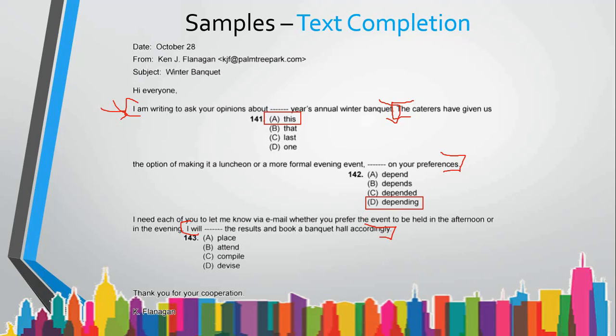And the last sentence is, I will place a tent, compile, devise the results, and book a banquet hall accordingly. For this sentence in particular, you need a little bit more context. So again, if you need to pause for finding the right answer, do it right away. The right answer for this question is C, compile.